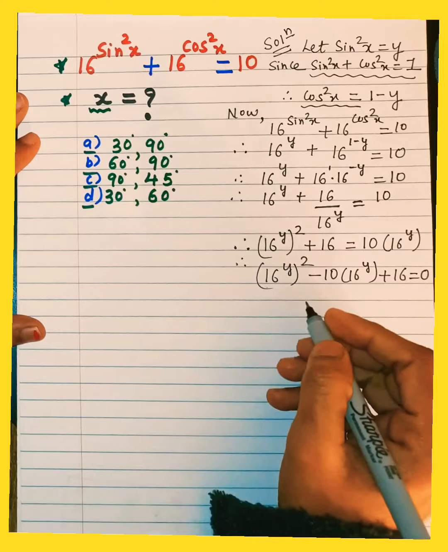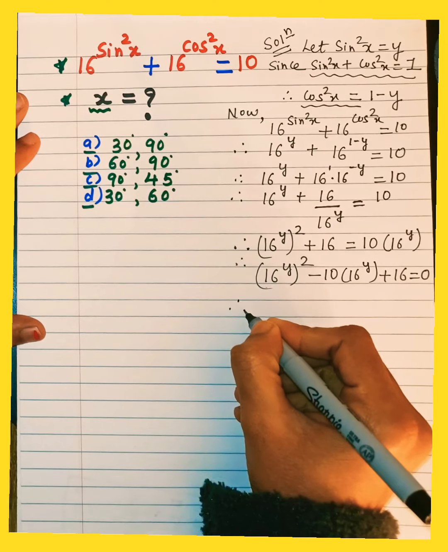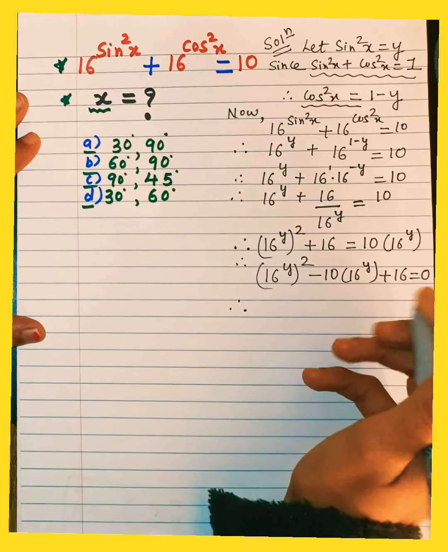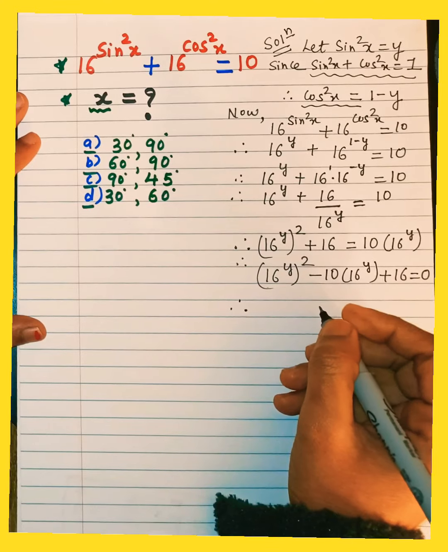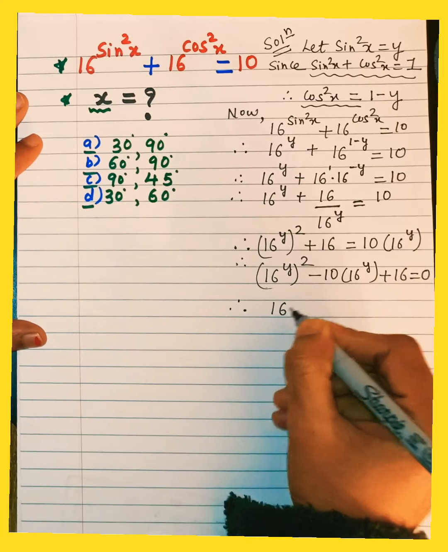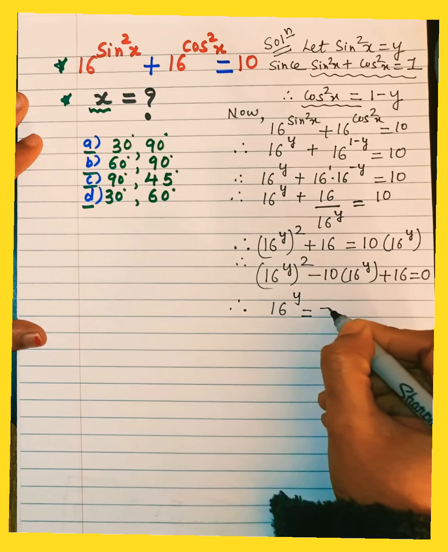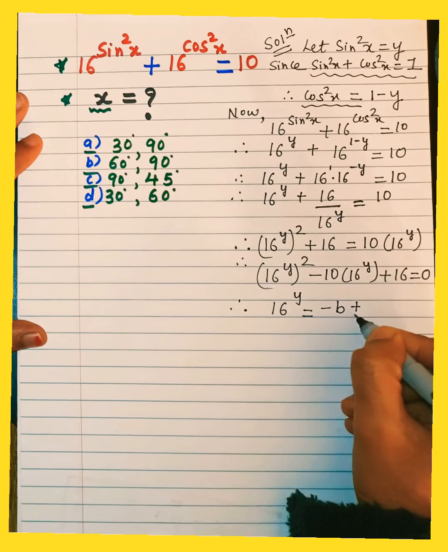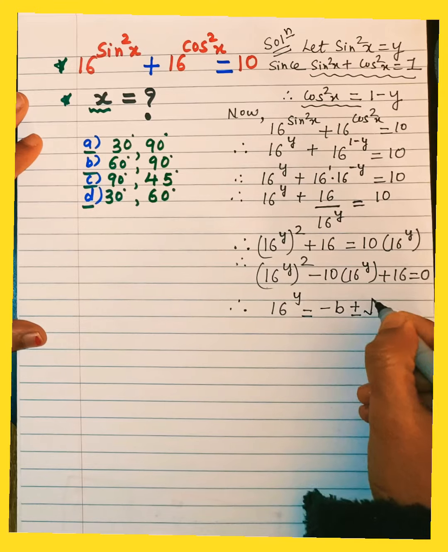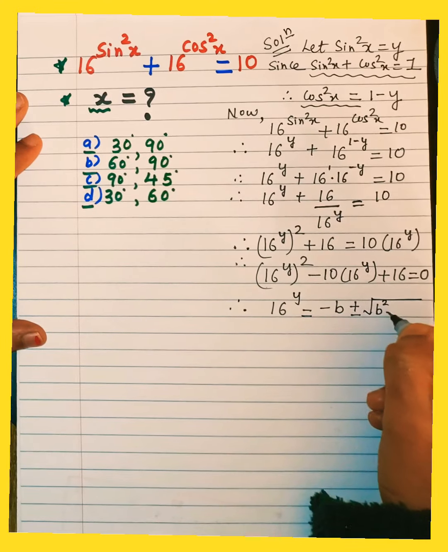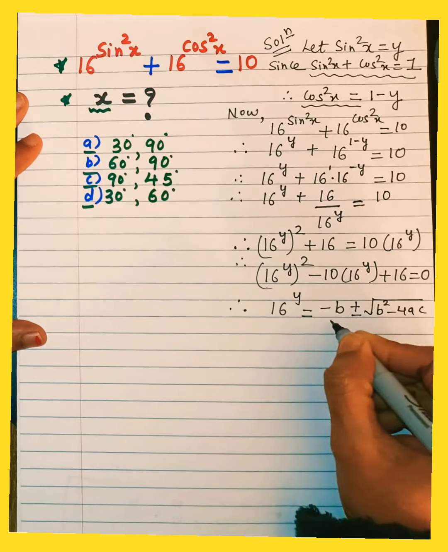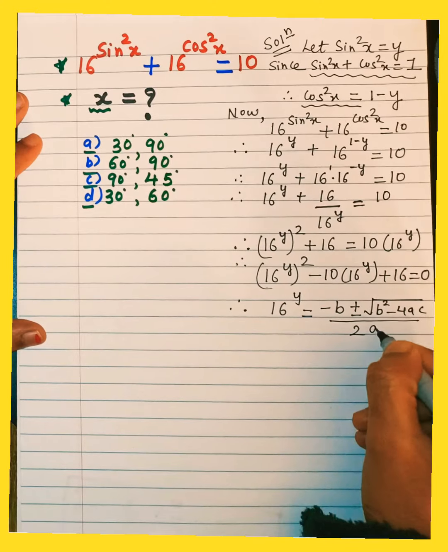Okay, so how we will get the answer of this? Using the quadratic formula, 16 raised to y is equal to minus b plus or minus square root of b square minus 4ac, upon twice a, or 2a.